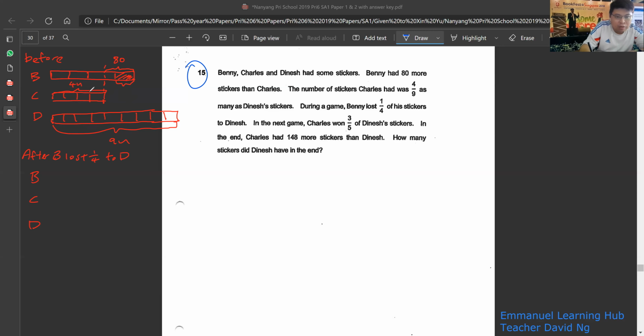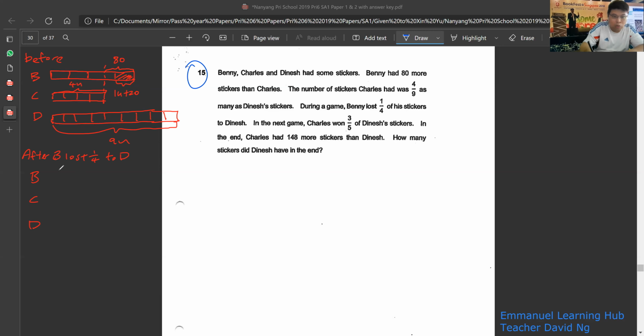Okay, 1P is actually 1/4 of 4U times 80, right? Yes. Okay, 1/4 times 4U times 80 is 1U plus 20. Agree? You agree this is 1U plus 20? 1/4 of his stickers. Yes.